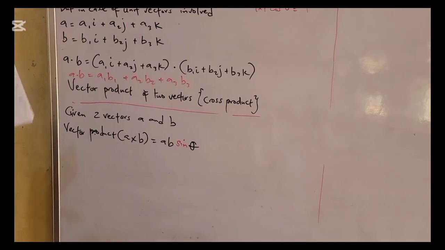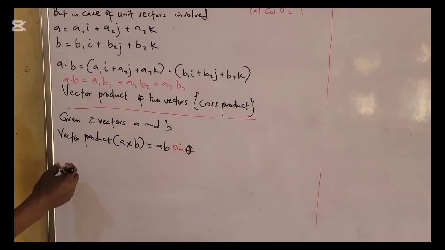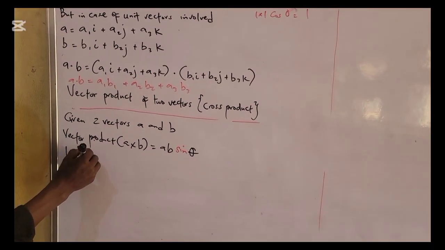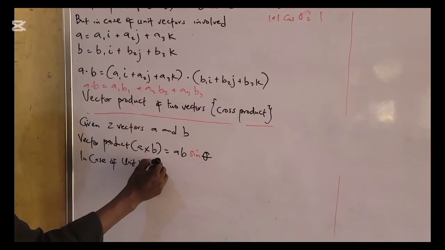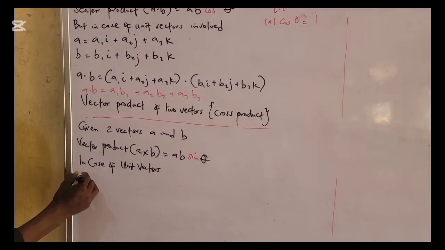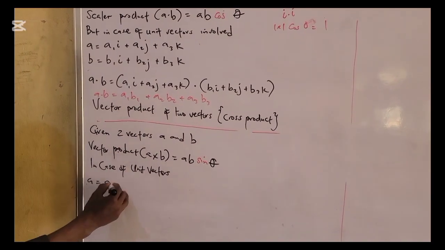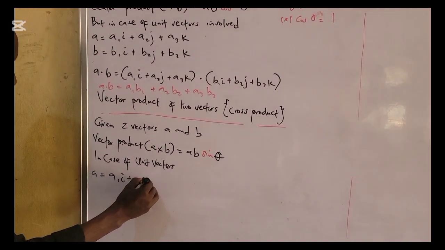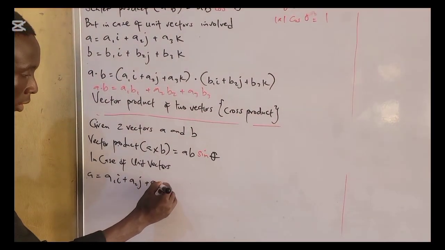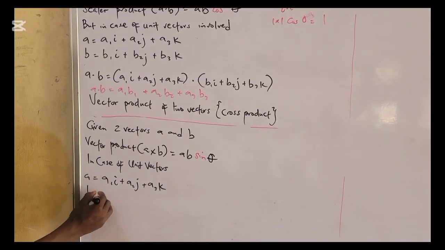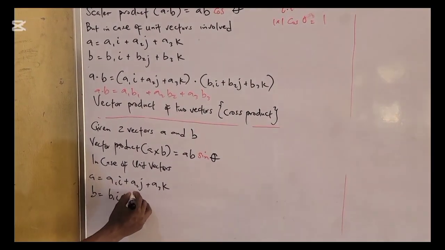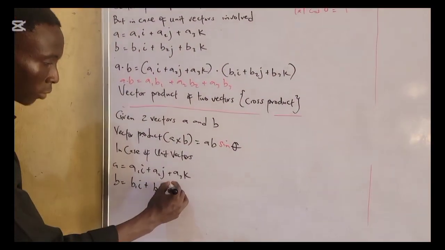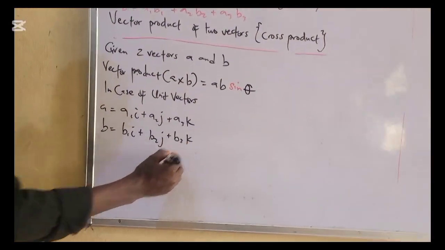But when it is involving the unit vectors, what do we do? In case of unit vectors, just like the other time, we have A as A1 i plus A2 j plus A3 k, and we also have B as B1 i plus B2 j plus B3 k.